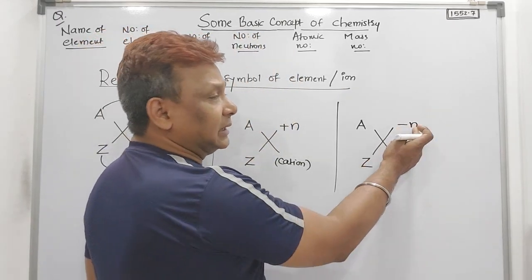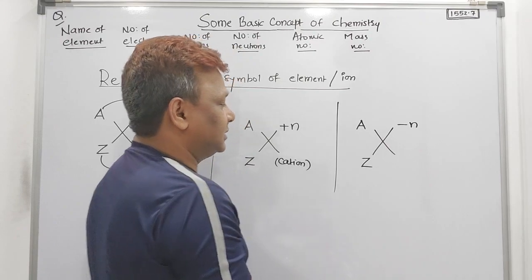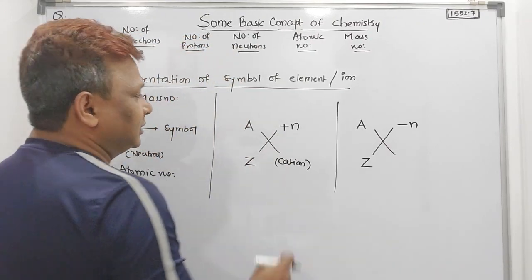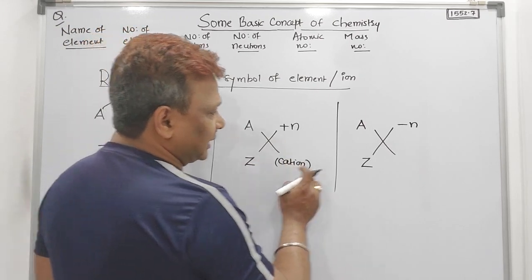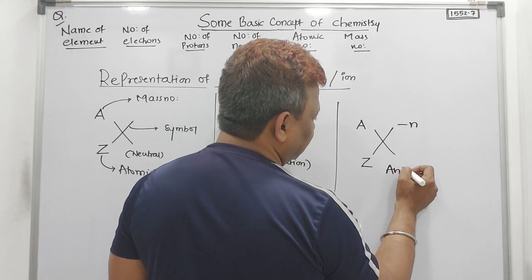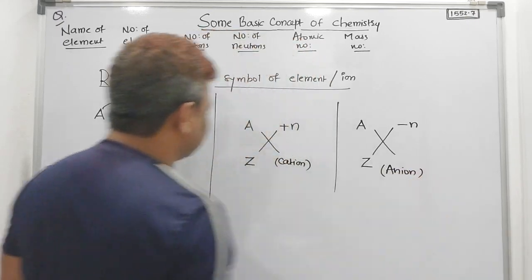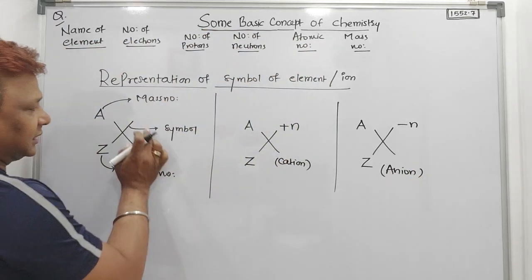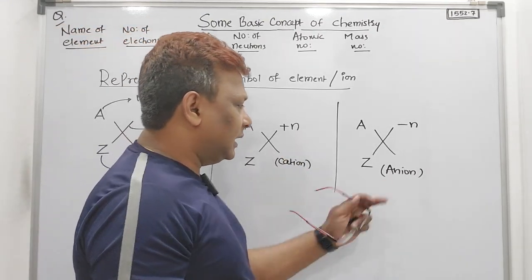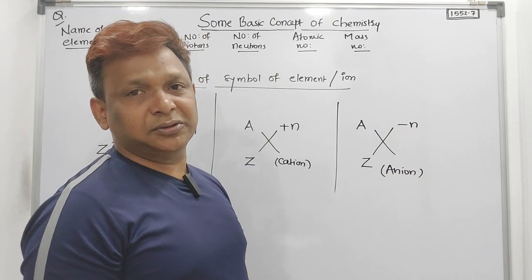Suppose it gains 10 electrons, it will get a 10 negative charge. Suppose it loses 10 electrons, it will get a 10 positive charge. So an atom bearing a positive charge is called a cation, and an atom bearing a negative charge is called an anion. So these are the three ways: one is a neutral atom, which does not bear any charge; one is a cation bearing a positive charge; and one is an anion bearing a negative charge.